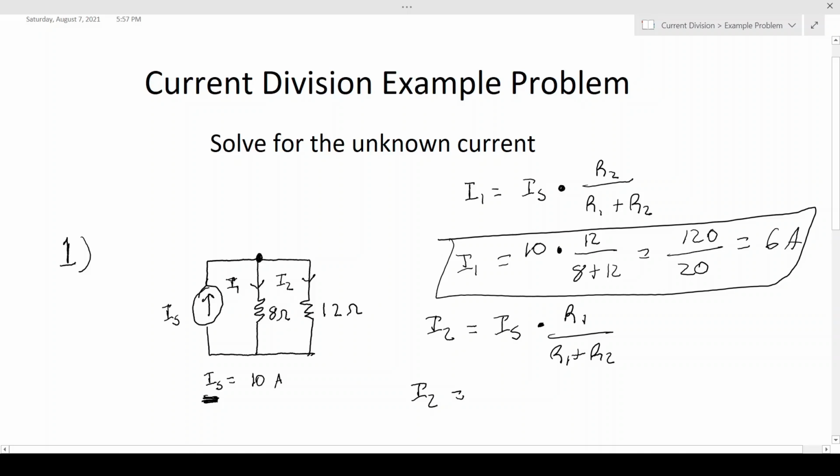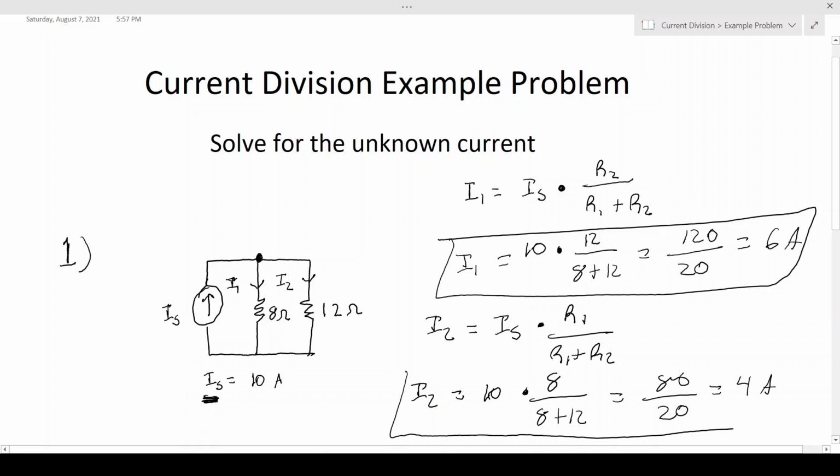So I2 is equal to 10 multiplied by 8 ohms divided by 8 plus 12. And we get that I2 is equal to 80 divided by 20, which is equal to 4 amps. We get that I2 is equal to 4 amps and I1 is equal to 6 amps.